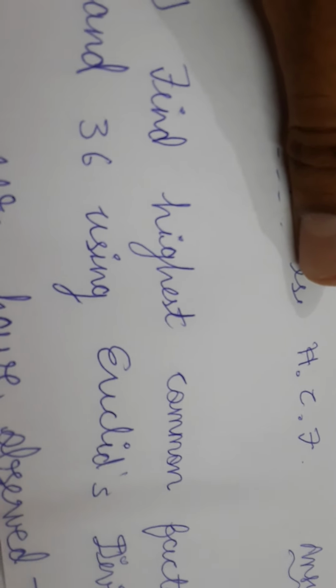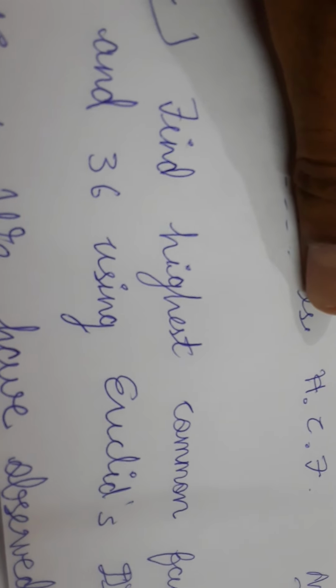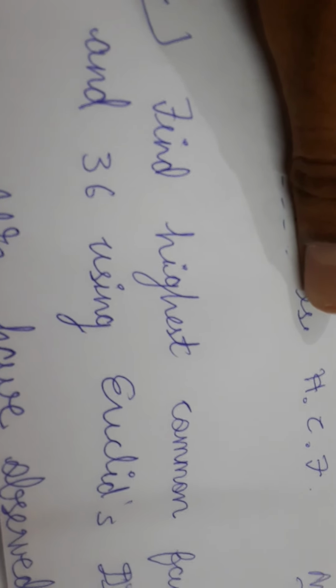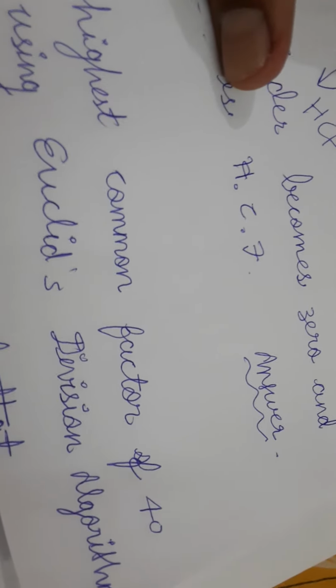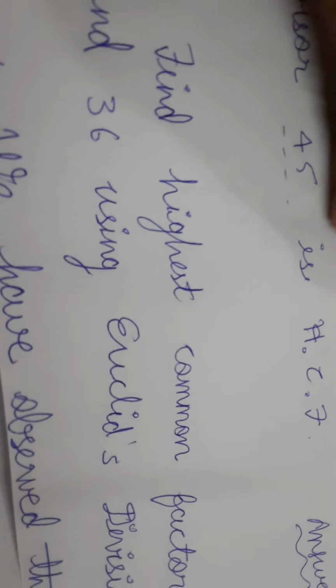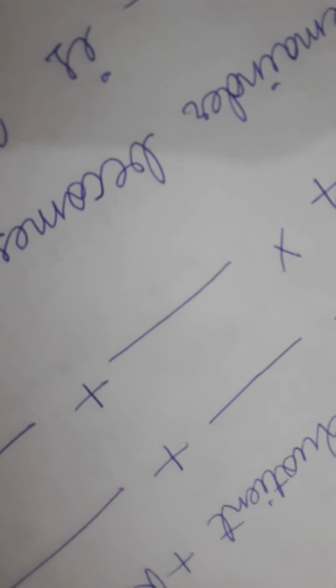With the same procedure, we have been given two numbers and we have to compare which number is greater and which number is less. So here we have observed that number 40 is greater than number 36.